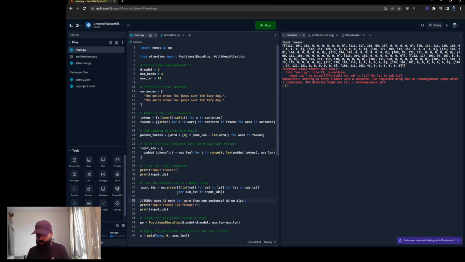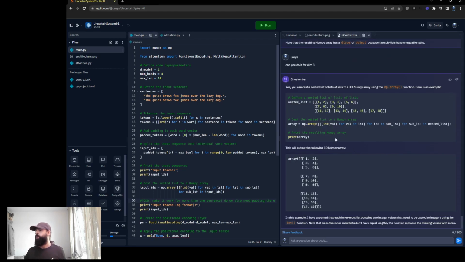Do we also need padding there? We probably need padding because that's the whole thing, right? We need to make sure that everything has a nice regular structure so that we can do matrix multiplication later on. So the sentences might also have a max length. Do we also need to pad each sentence with respect to the amount of words?